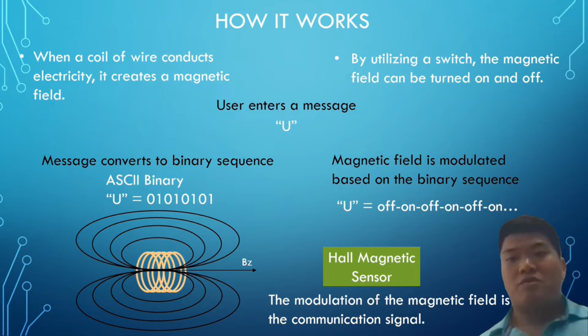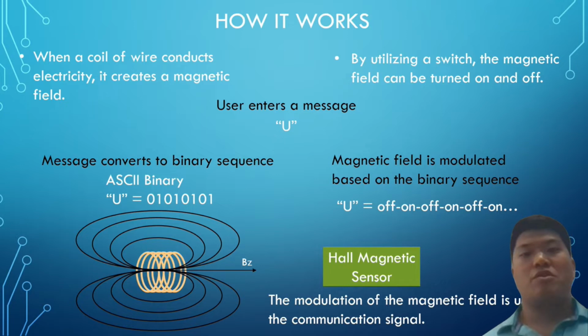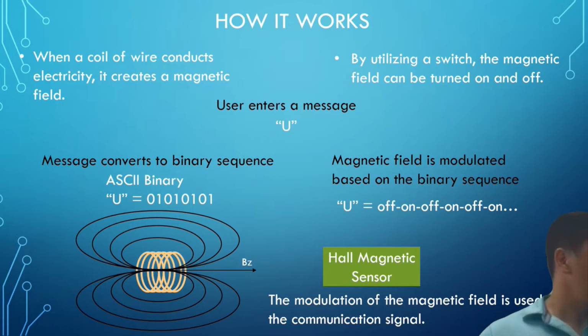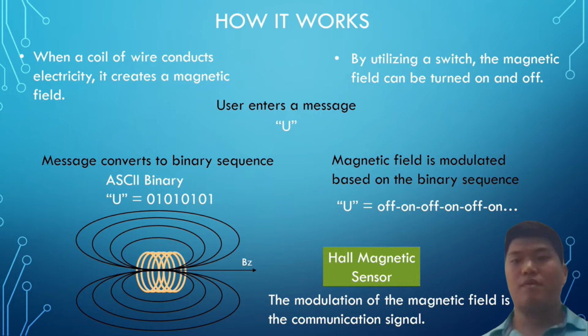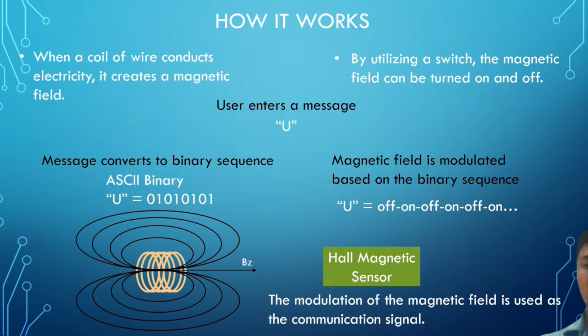But back to this, so capital U, the magnetic field would turn off, on, in that sequence. And my Hall magnetic sensor is translating those binary sequences, or binary code, back to the user character, and it will display it on your computer. So basically the modulation of the magnetic field is used as a communication signal.